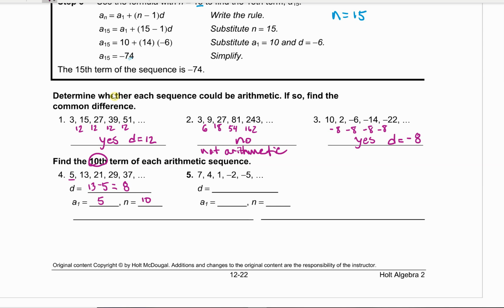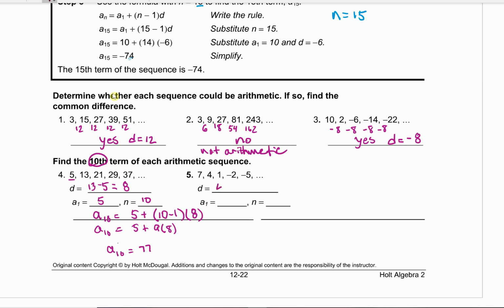So I'm going to say a sub 10 is 5 plus 10 minus 1 times 8. So 5 plus 9 times 8 is 77. So a sub 10 is 77.